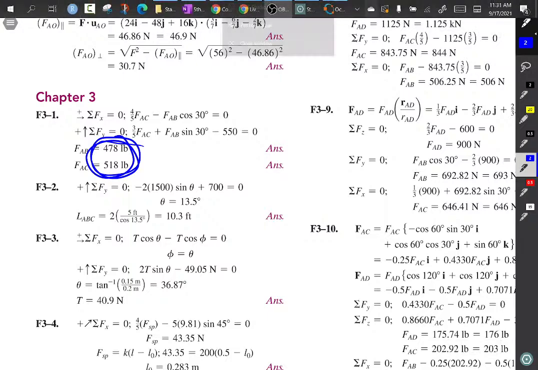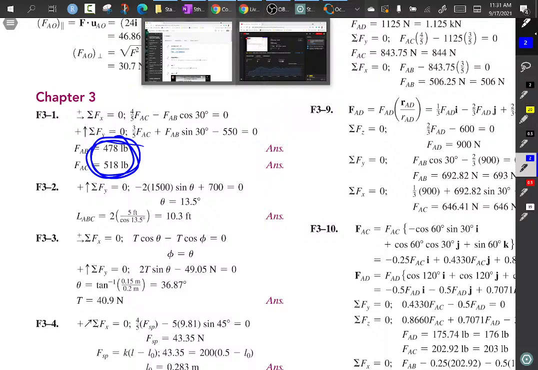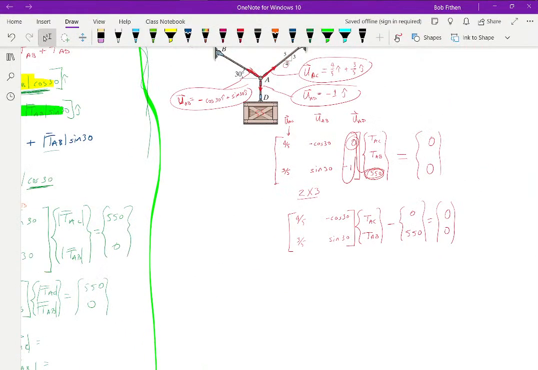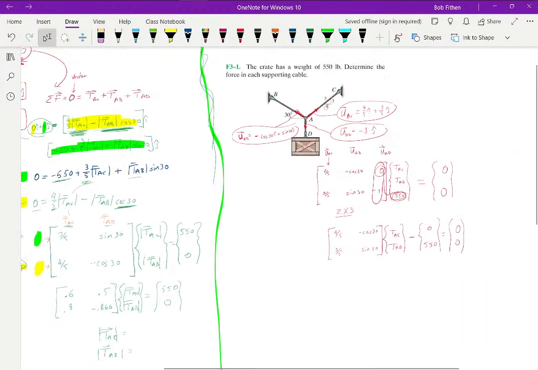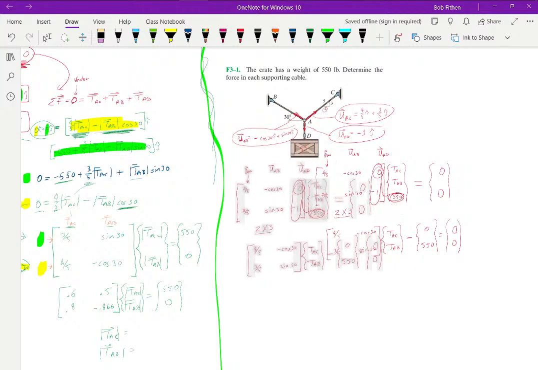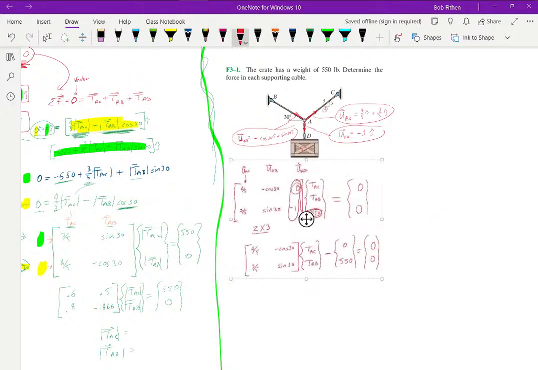Now, let's go back here and compare what we ended up with in the two equations. Okay, so what I'll do is I will move these a little bit to the left so I can zoom in.